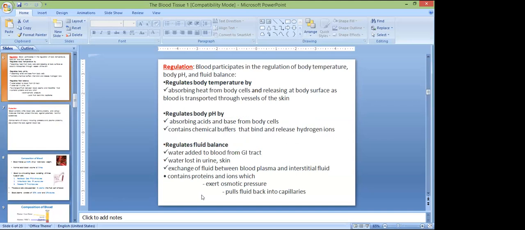Regulating body temperature, from high school, if you can remember, or even you personally, when it's hot outside, your hands are usually a bit more red, and when it's cold, a bit more white. Why? Because when it's hot, there is vasodilation of the vessels so that they can lose the heat. But when it's cold, there is vasoconstriction so that blood can retain its heat, right?